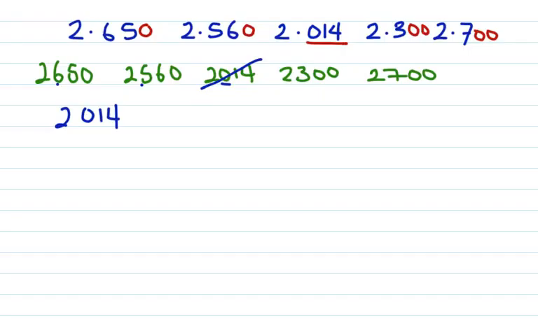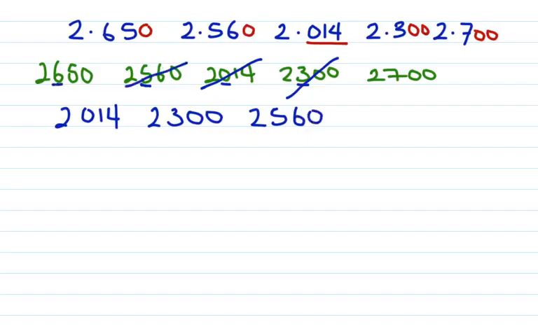Then this one has only got 3 hundreds, so 2,300 has to be the next one. Then this one has got 500, so 2,560 takes care of that.